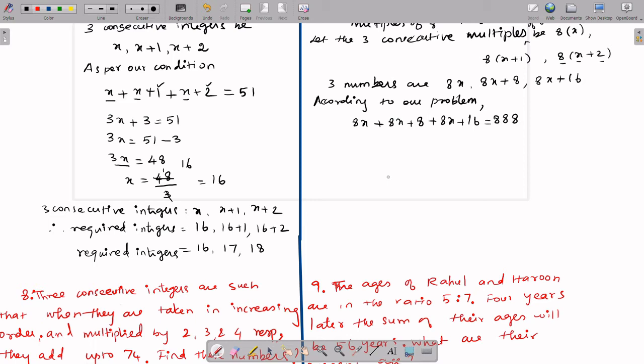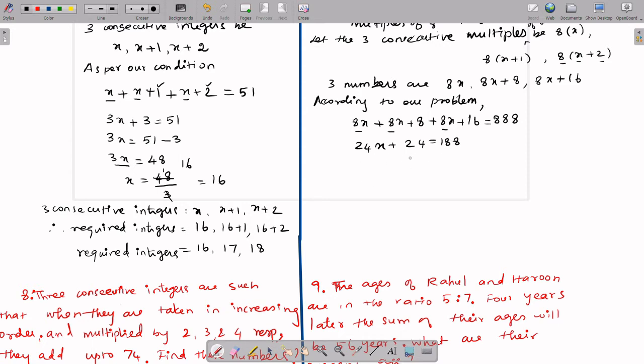What is 8x plus 8x plus 8x? Three 8s, that is 24x. So 24x plus, what is 8 plus 16? That is also 24, is equal to 888.